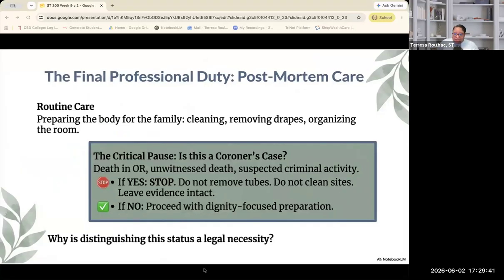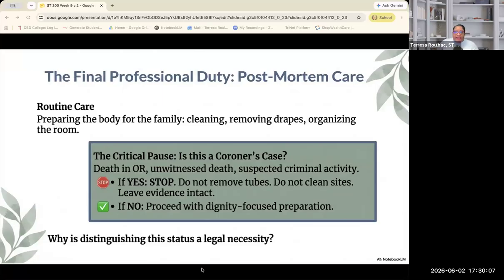When death is expected and it's not under investigation, preparation focuses on dignity. We're cleaning the body, we're removing drapes appropriately, we're organizing the room, we are preparing someone to be seen by their family. That matters. But before anything is removed, we pause.